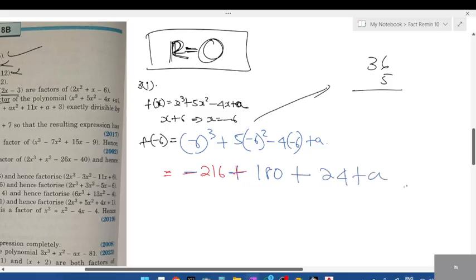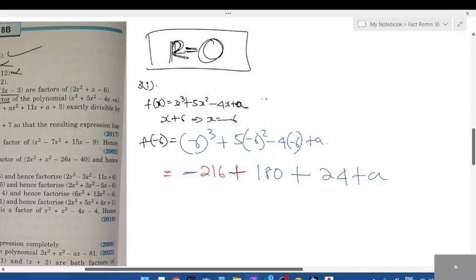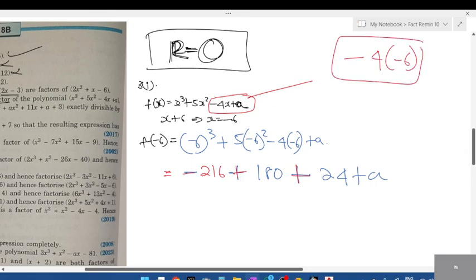What's your doubt now? This part? I've written plus 24. Why minus a? Mariana, minus 4x is a separate term. Plus a is a separate term.